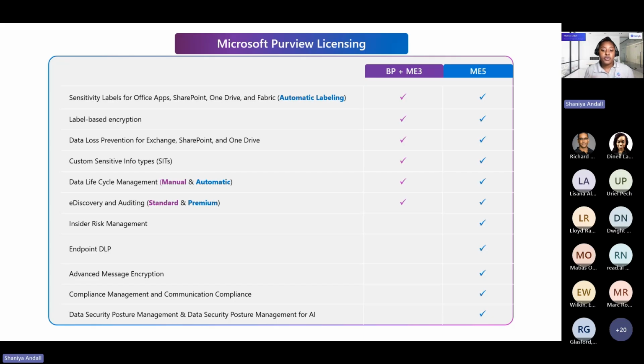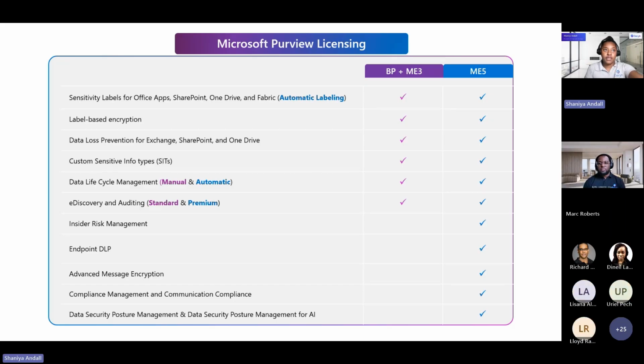And so this breakdown would serve as a clear guide to help determine which license tier you need in order to align with your organization's data protection and compliance needs, right? So with that being said, I will pass you off to Mark who will go through information protection.